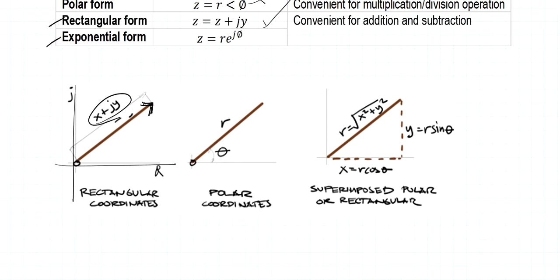So x is the real number and y corresponds to the imaginary number. Just keep in mind that the x value refers to the real numbers, and the y values refer to the imaginary numbers. So here's our x, and we also have our y right here.